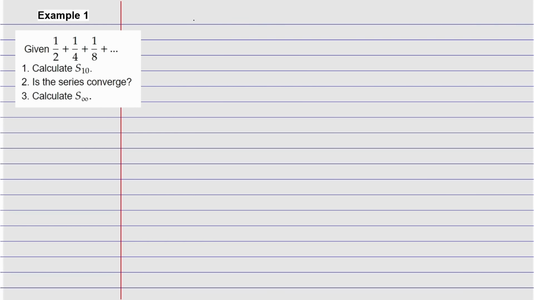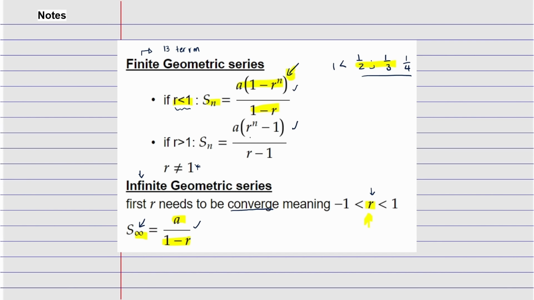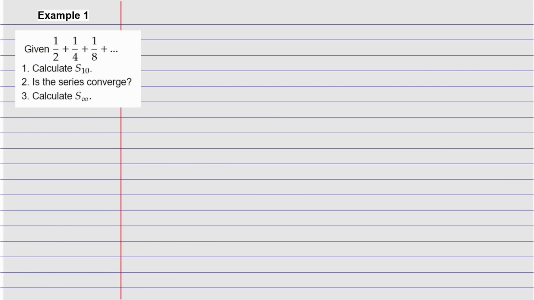So looking at the formula, first we need to determine whether r is less than 1 or greater than 1, right? So let's find r. This is going to be 1 over 2, plus 1 over 4, plus 1 over 8, then it continues.